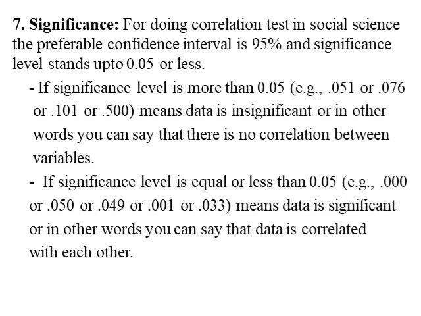If significance level is equal or less than 0.05, it means data is significant, and in other words, you can say that data is correlated with each other. Significance level is very important.